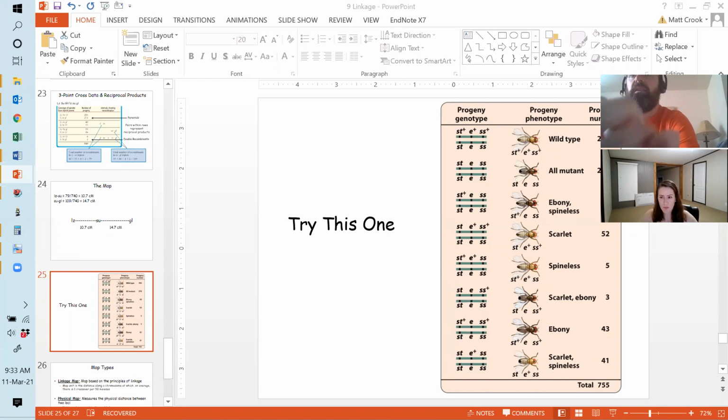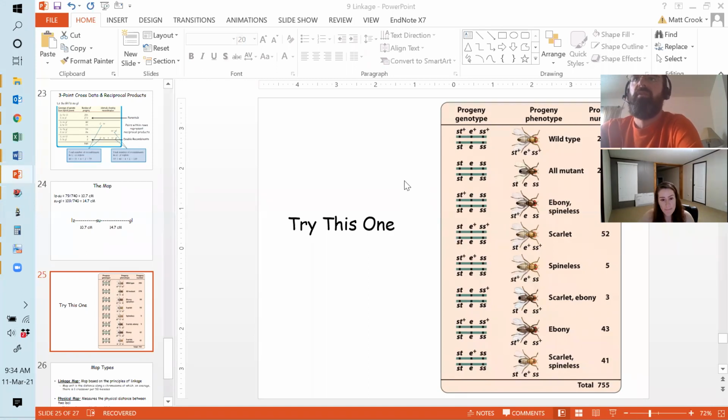ST and SS. So what are we looking for? Which are the single recombinants between ST and SS? Yeah, we've got to have the mirror image, right? The reciprocal, but which one are we looking at?